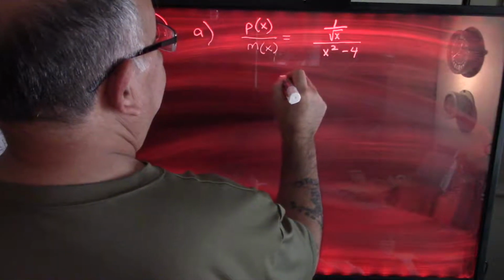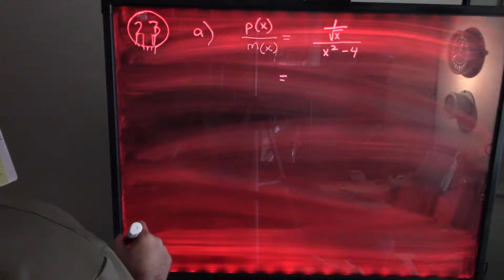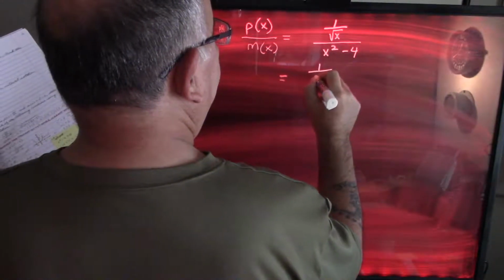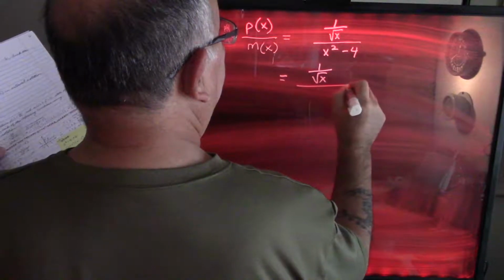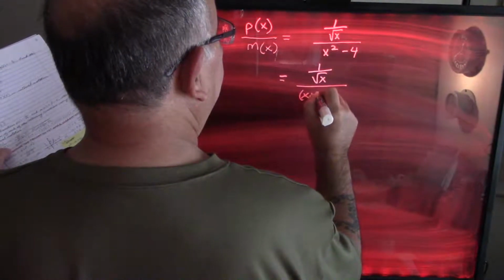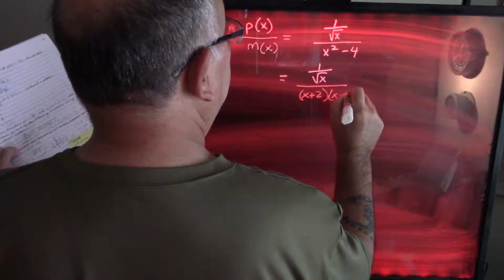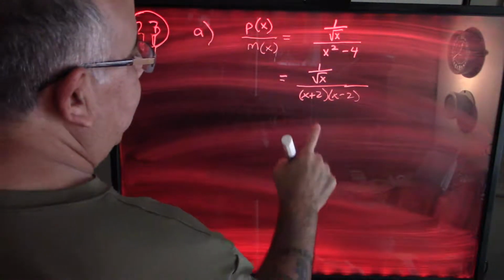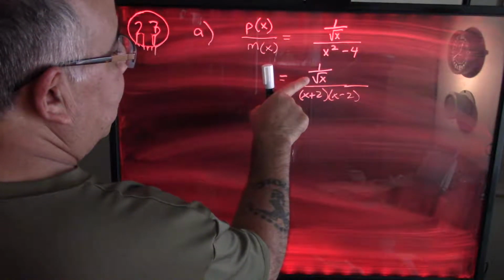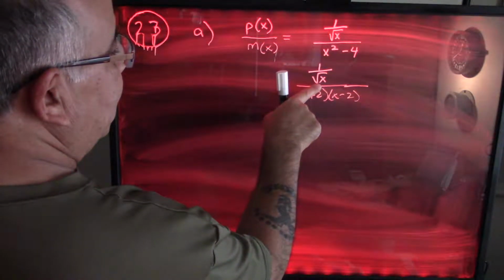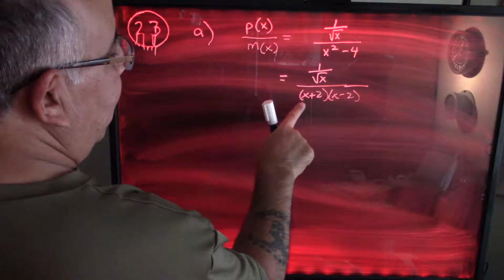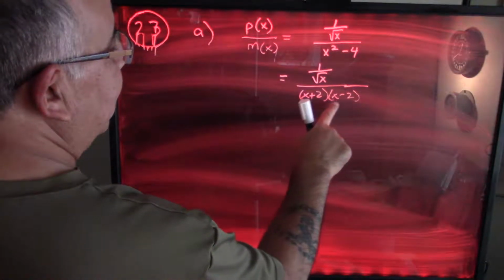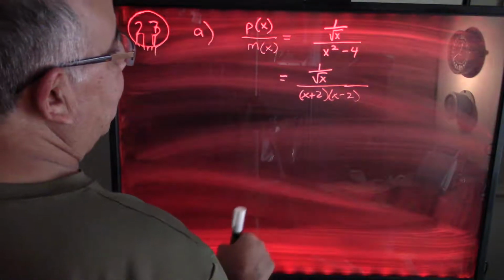So that's, well, you could write it like this: 1 over square root of x, over x plus 2 times x minus 2. And you can see right here that this denominator in the numerator's fraction cannot equal 0. And also this part here, being the denominator of this complex fraction, cannot equal 0 either.